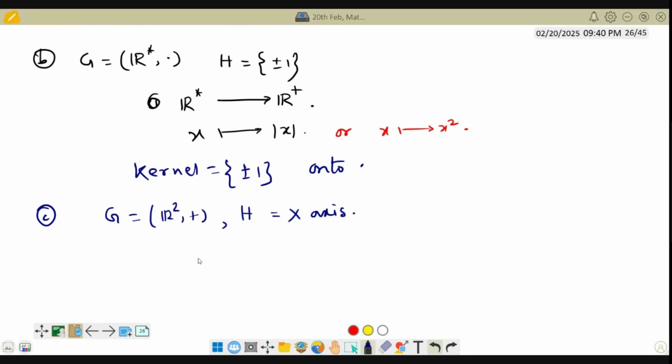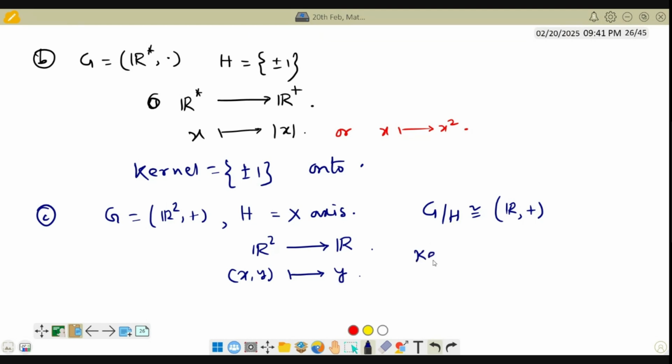If you want to prove that this is isomorphic to R plus, for this you need to define a linear transformation from xy to the projection on x. We can use that. So you want the kernel to be the x-axis. Then the kernel will be the x-axis. And if you have the y-axis, then you need to send the x projection first.